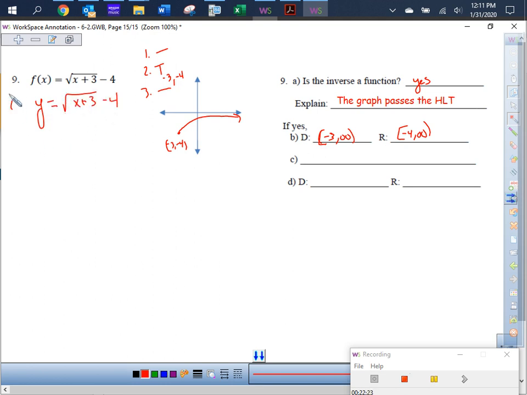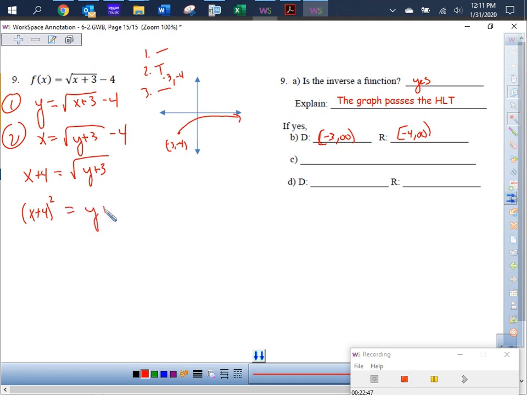Switch around for step 2: y plus 3 minus 4. I've got to get rid of the minus 4 first, so I'll add 4. Now I can get rid of the square because I've got the radical all by itself, so I need this to be in a group squared, and I'll get y plus 3.